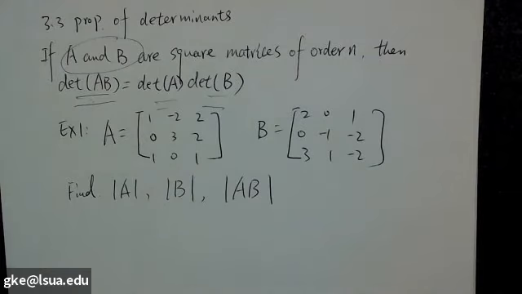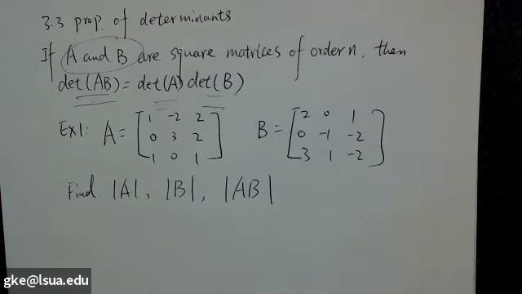What is the determinant of A? Negative 7 or 7. Negative. How about B? 11.